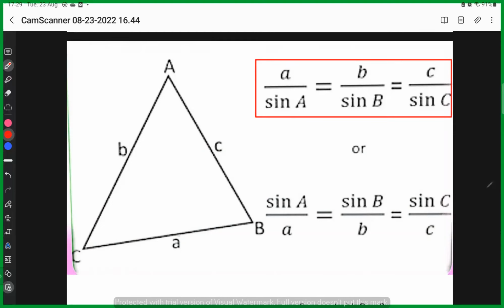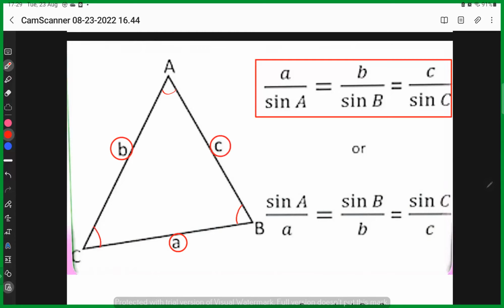So a divided by sine of angle A, and this has to be equal to, there's no condition like the triangles being congruent or similar. No, in every triangle, this holds. a divided by sine A is equal to b divided by sine B, and that is equal to c divided by sine C.